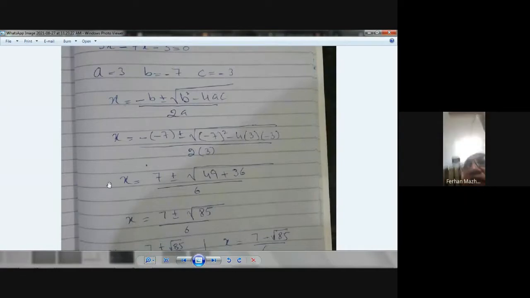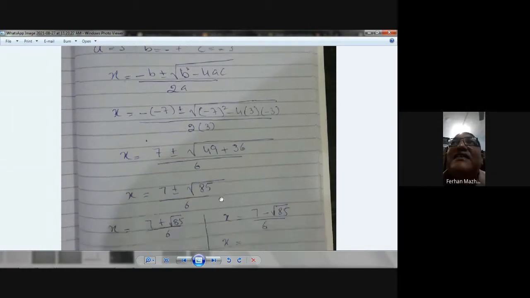The special thing is that when I take the square of minus 7, it becomes positive 49. Minus 4 multiplied by 3 multiplied by minus 3: minus minus becomes plus, 4 3s are 12, 12 3s are 36. And 2 3s are 6. So 7 plus minus under root 49 plus 36, which is 85, divided by 6.